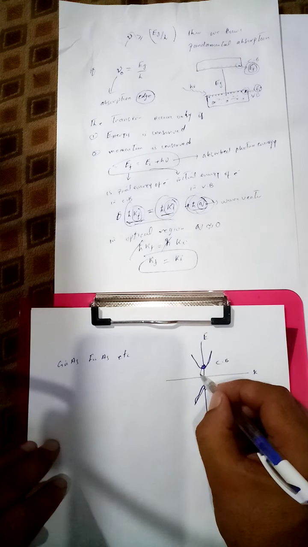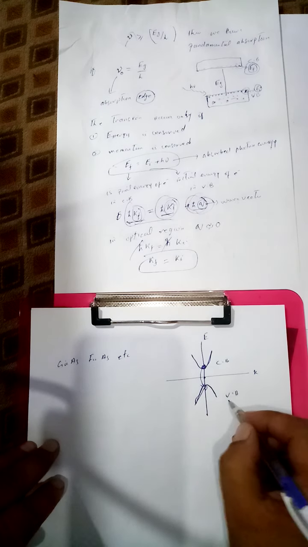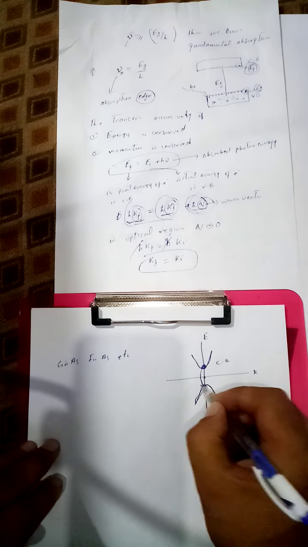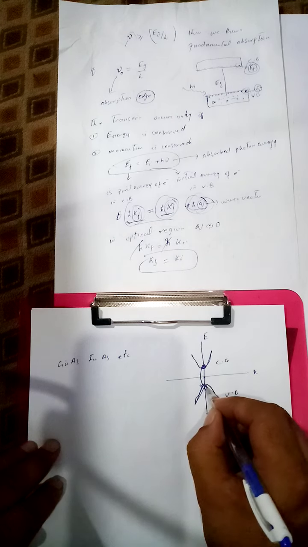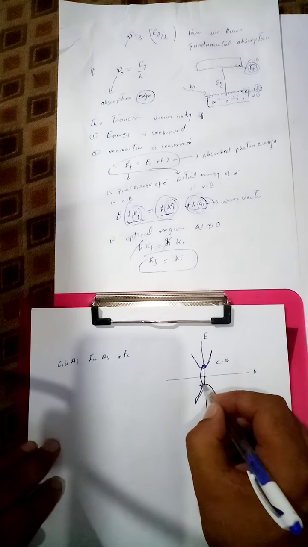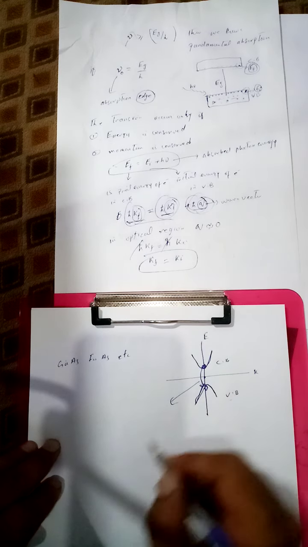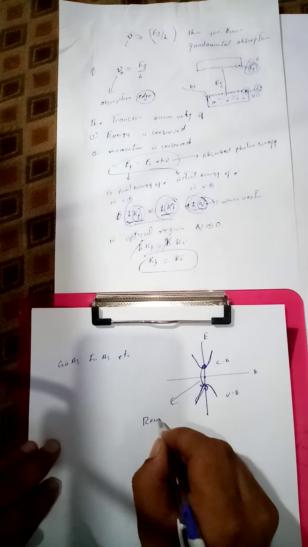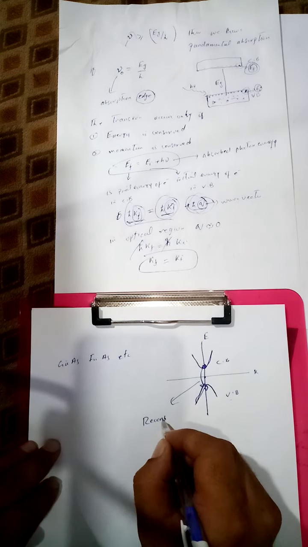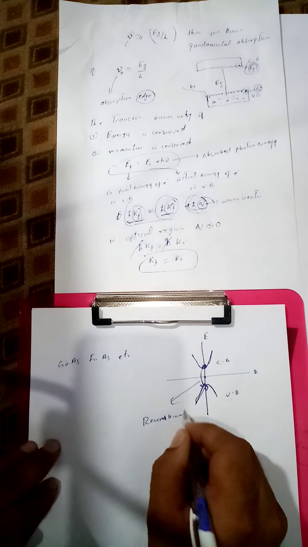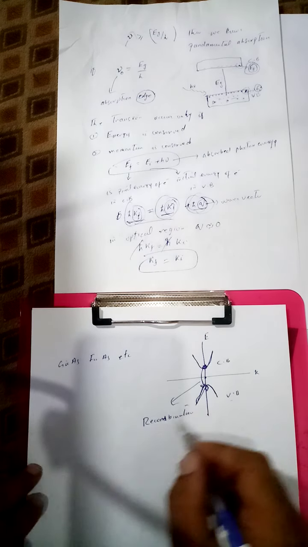After some time they will jump back to the valence band and occupy the space of holes. This inverse jumping, the jumping of electrons from the conduction band to the valence band, is called recombination. So this is all about direct band semiconductors.